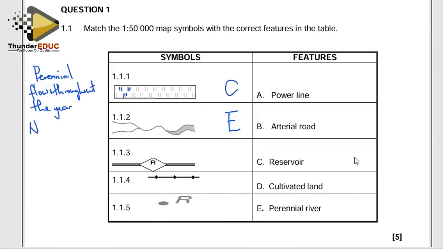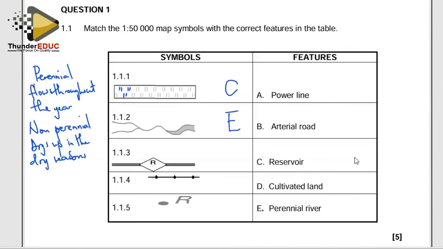Then we have a non-perennial. If you check on your maps, we have perennial and non-perennial rivers. This kind of river dries up during the dry season.